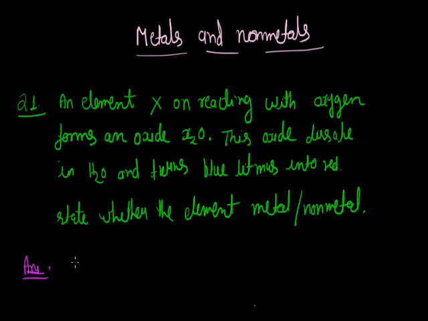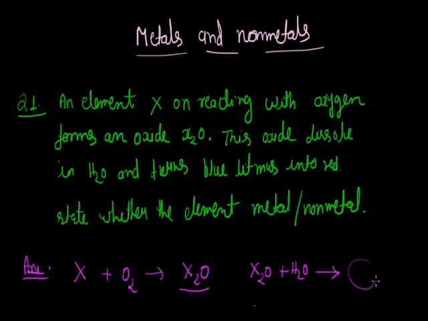According to this problem, when element X reacts with oxygen, it gives a compound X2O. Now when X2O dissolves in water, it gives a compound that turns blue litmus into red.